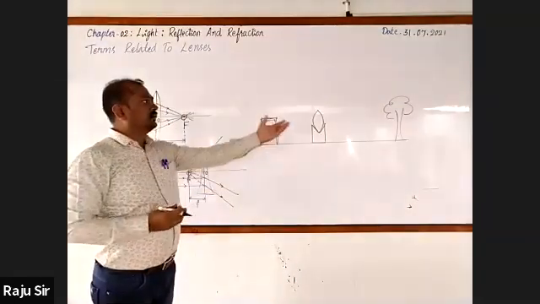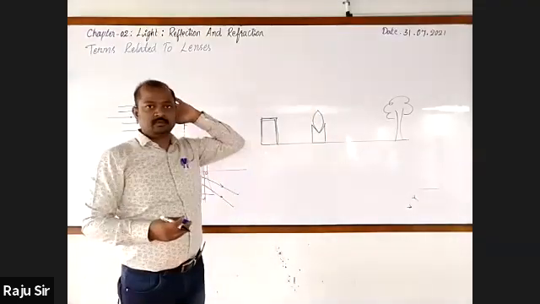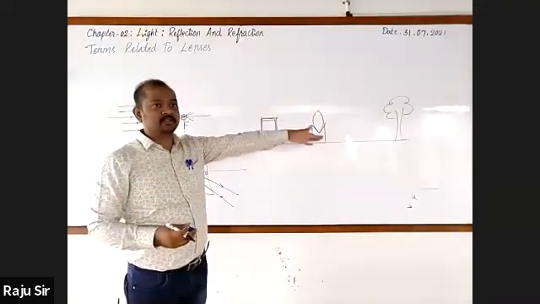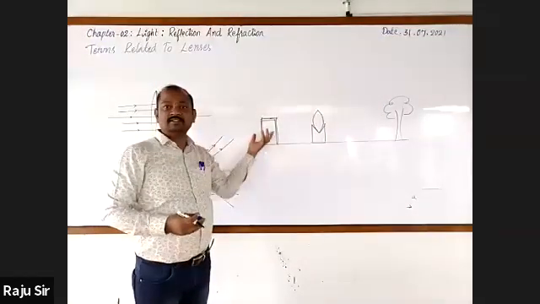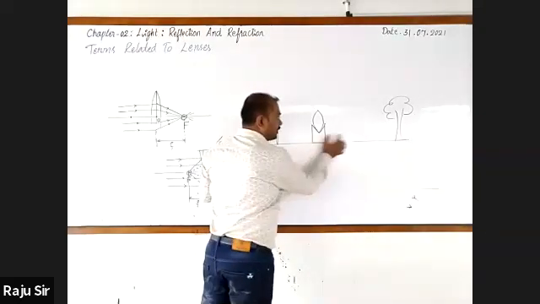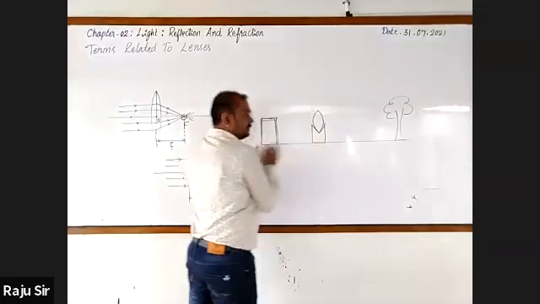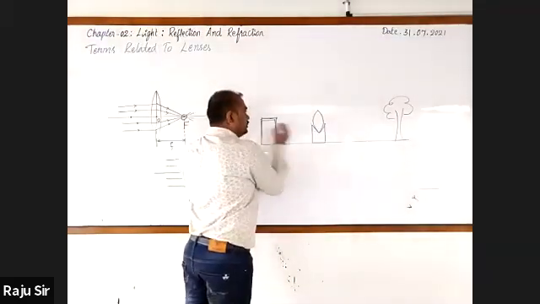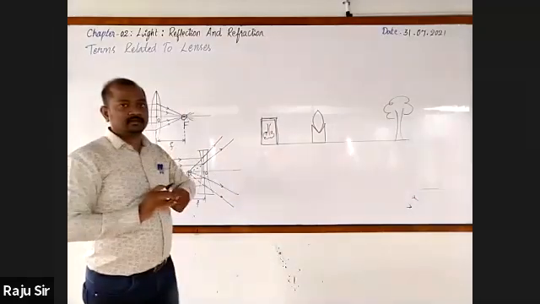You try to get the image of the tree, not inside the tuition room, outside. You want to focus it on the screen. Very simple: just go for to-and-fro motion like this, and then you'll get the image of that tree on the screen.